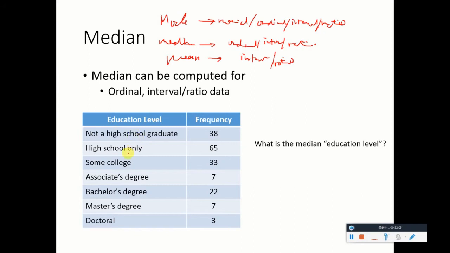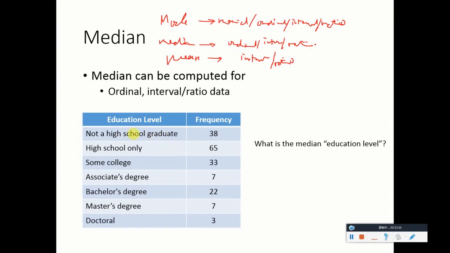It sorts people into categories, right? But at the same time, it also ranks those categories. So obviously, the highest education level is doctoral, followed by master's, bachelor's, associate's, some college, high school only, and not a high school graduate.